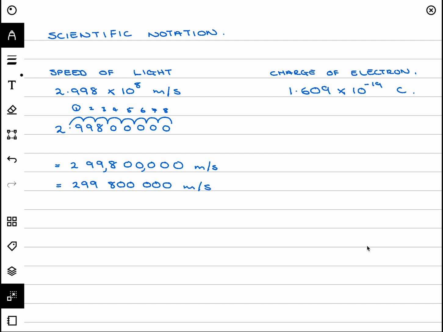When we talk about our electron, however, we start with the term 1.609, and what we do is we're going to go back 19 places, which is going to be extremely, I'm not going to do that, but you would get a value that's going to have several zeros, okay? And it would continue on to here.